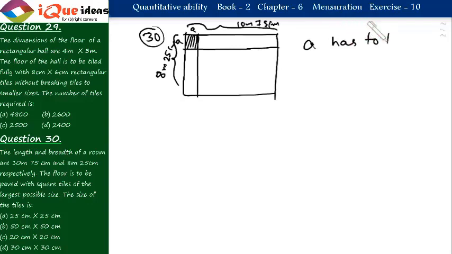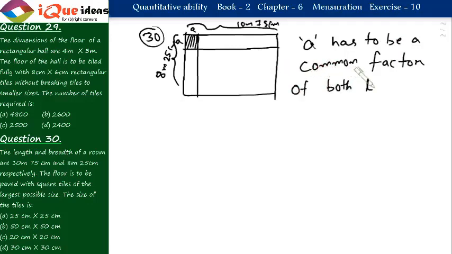Now this A has to be a common factor of both length and breadth, right?